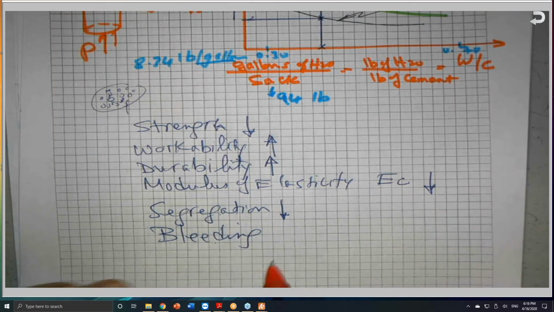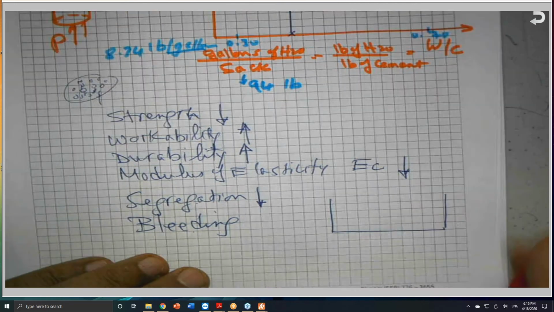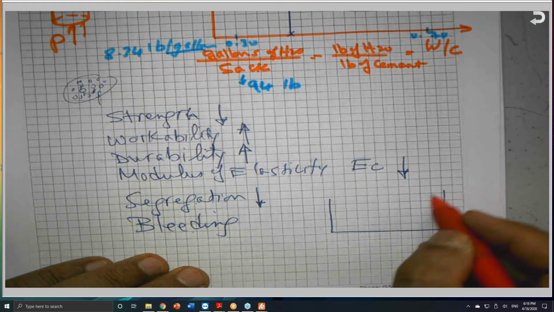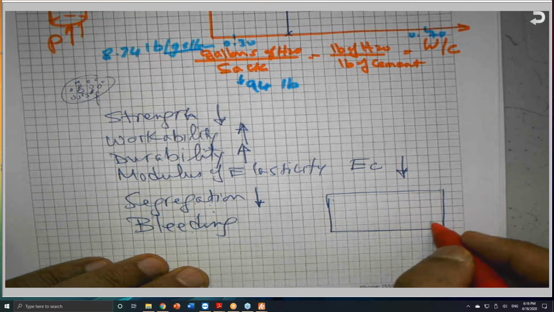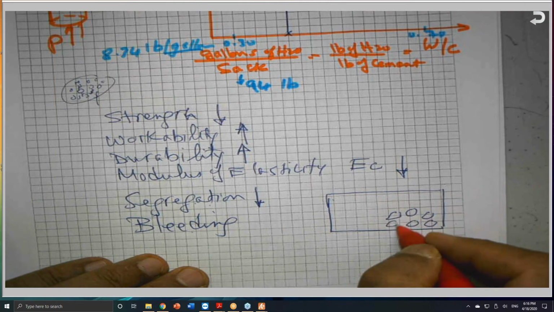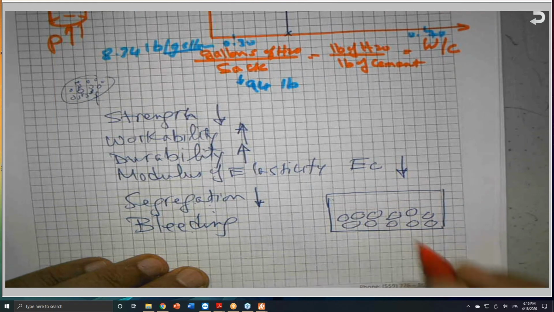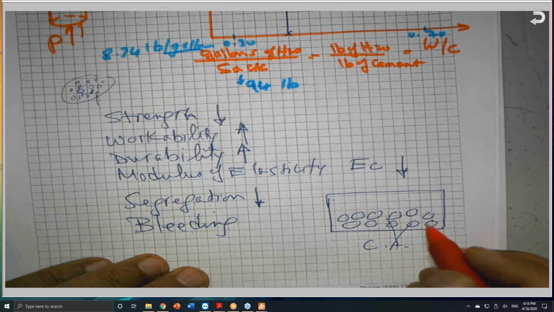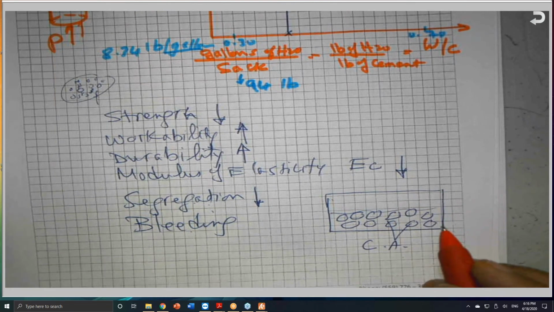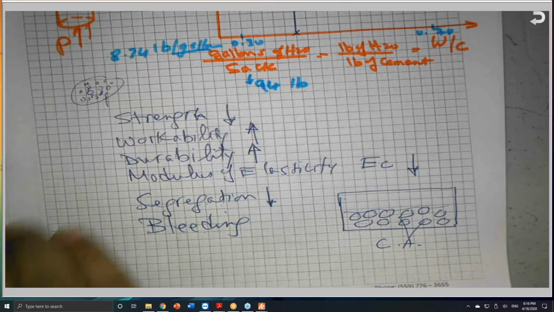When you have a mix, let me draw something here, and this is the member, whatever the member is. Segregation means the settlement of the coarse aggregate, the big particles, at the bottom of the member. And this is a serious issue.